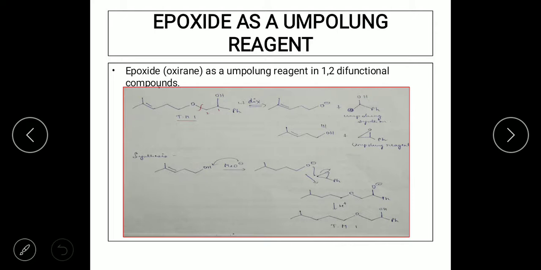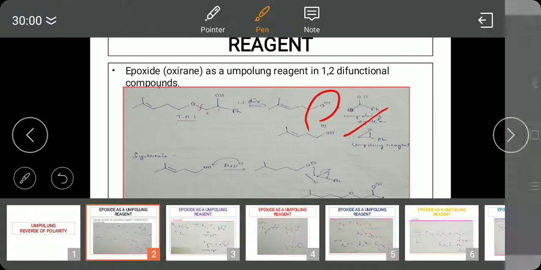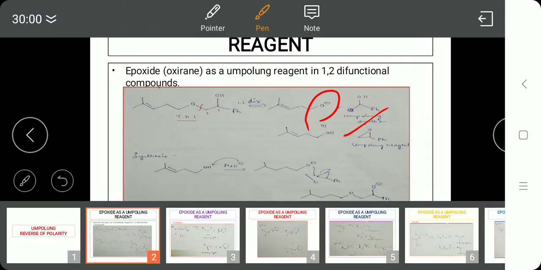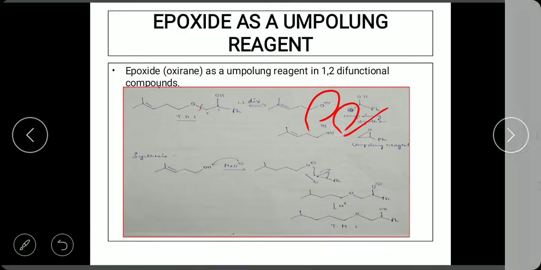After disconnecting we are going to obtain two synthons. One is the oxygen anion, that is the anion, and the other the cation. Now when you look at the anion, because oxygen is highly electronegative, it is getting the negative charge. And when you look at this cation synthon, the carbon atom which was attached to the OH is getting the positive charge, and the second carbon would be getting the negative charge, right?